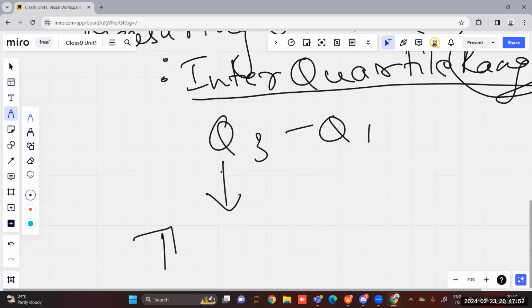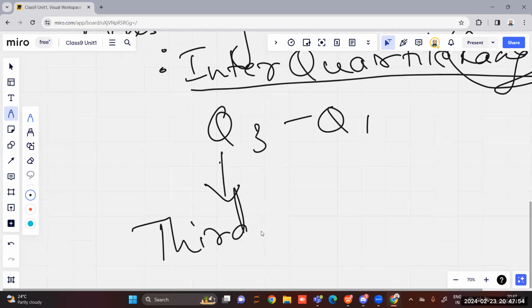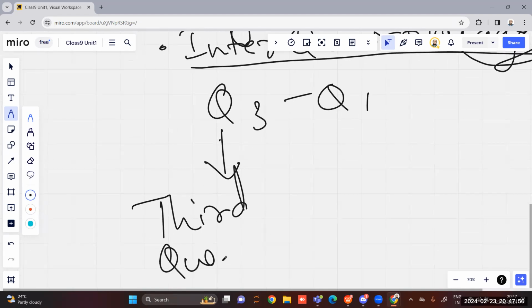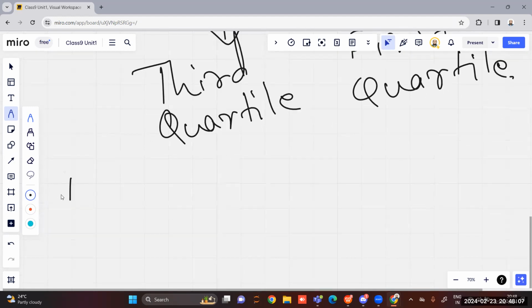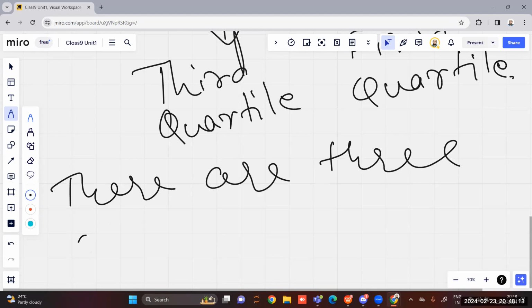Q3 is the third quartile. I'll explain what the third quartile is, but just remember the name. Q1 is called the first quartile, and there is one more quartile. There are three quartiles. I'll write it down here: first quartile, second quartile, third quartile. The second quartile is the median.